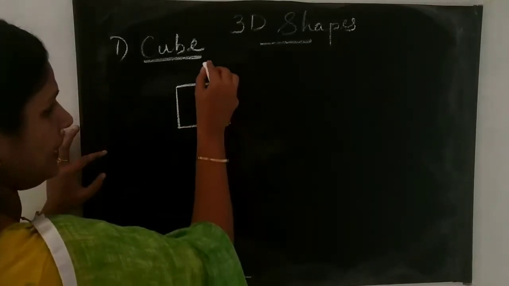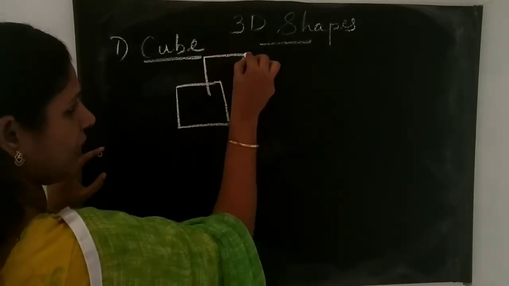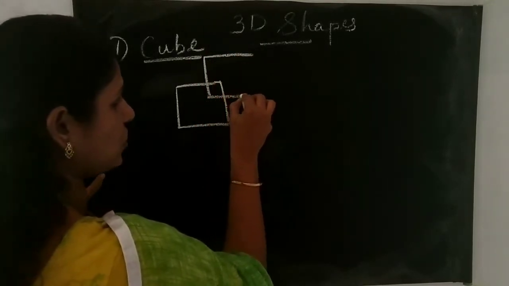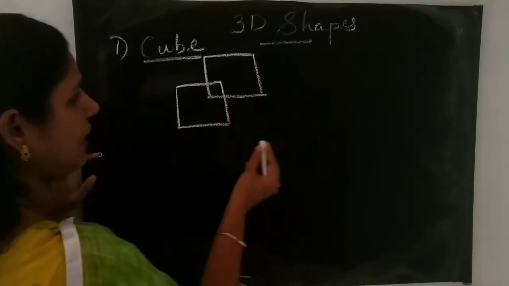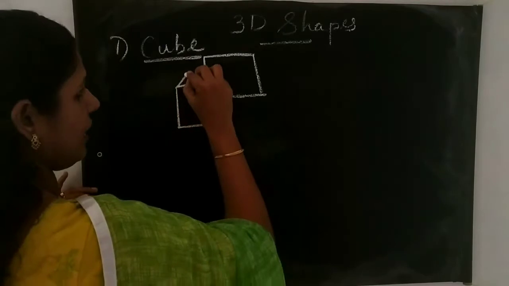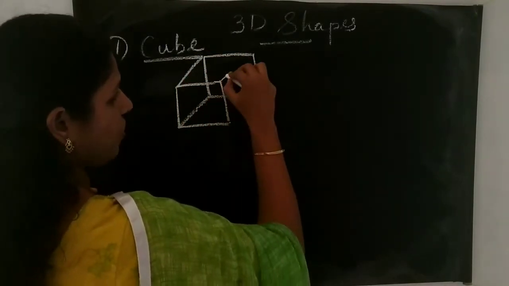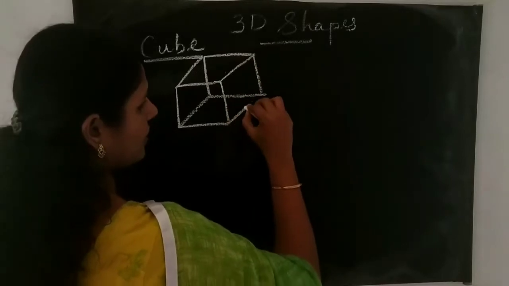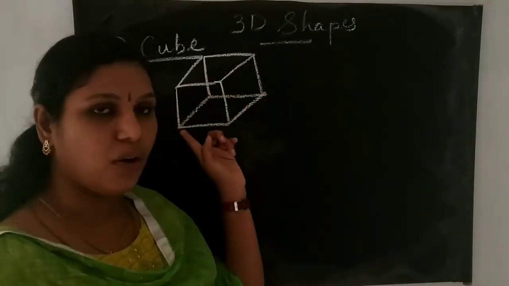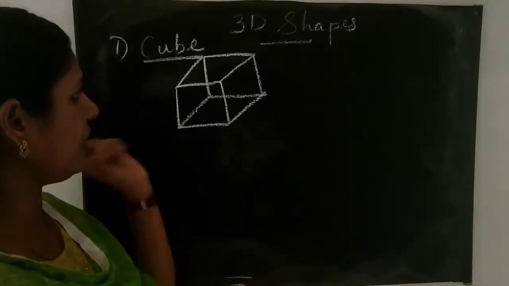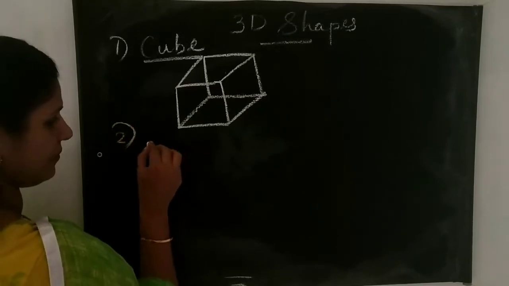Then again you draw a square in the corner, and in the corner side you draw another square. Okay, then join the corners. You get a cube.